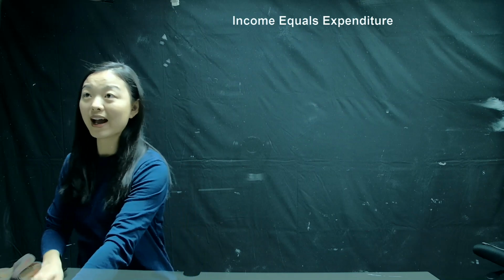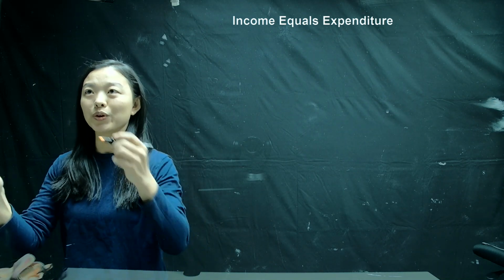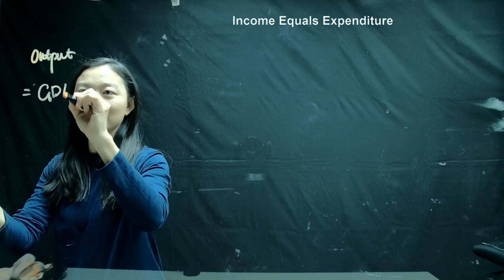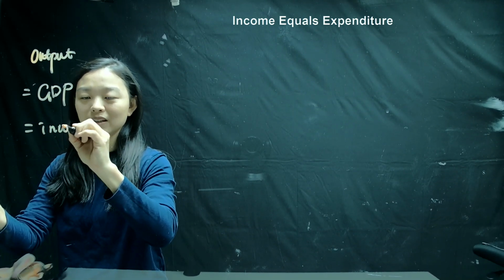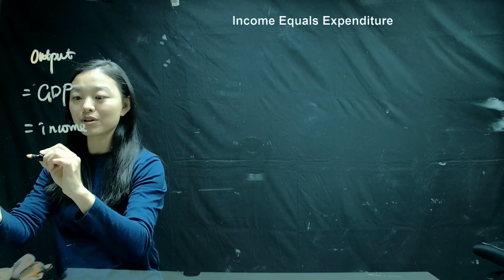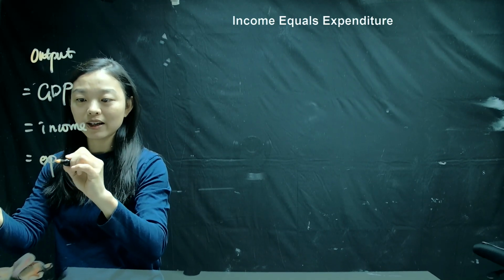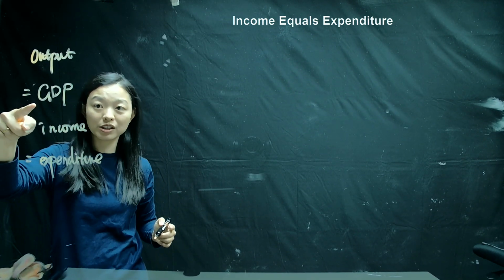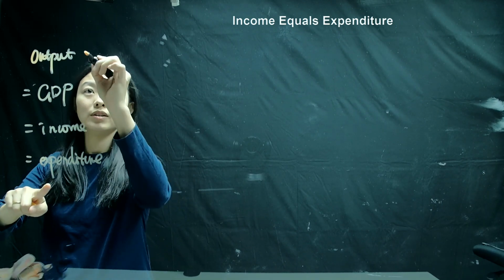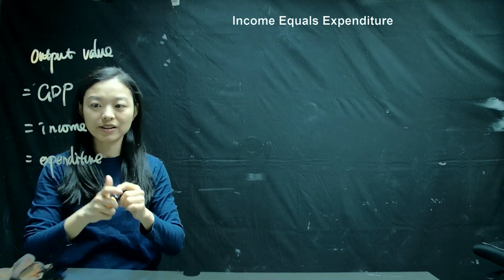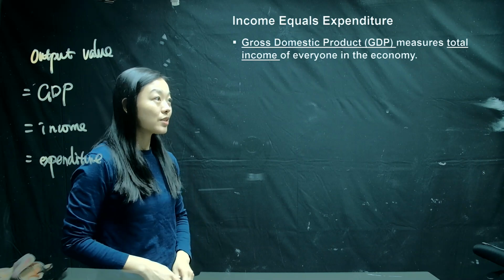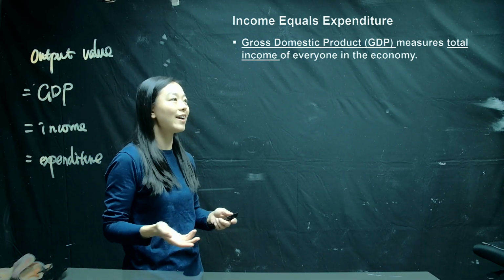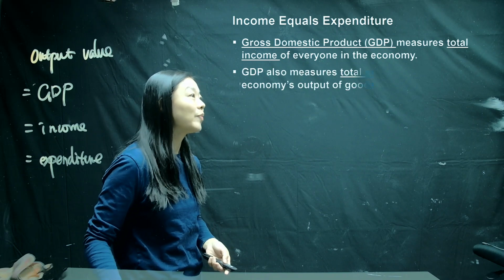So first, from previous slides, we have output equal to GDP, equal to income. And in this slide, I also told you income will equal expenditure. So now we have output equal to GDP, equal to income, equal to output value and expenditure. Gross domestic product, GDP, measures the total income of everyone in the economy.